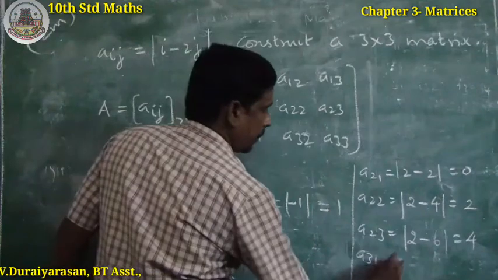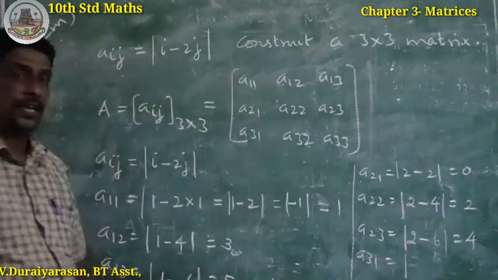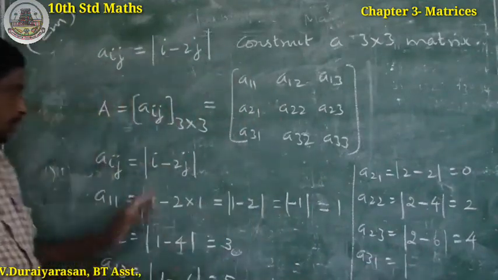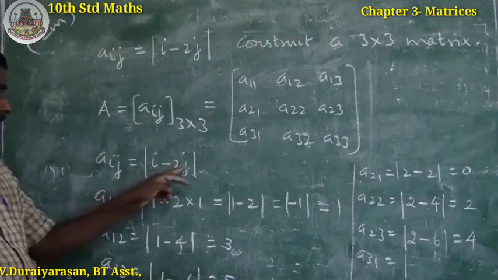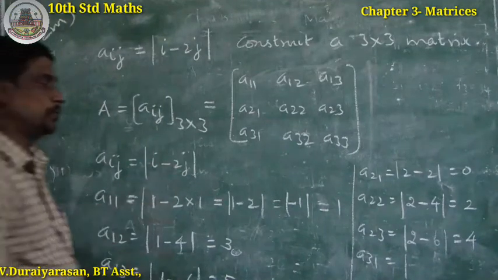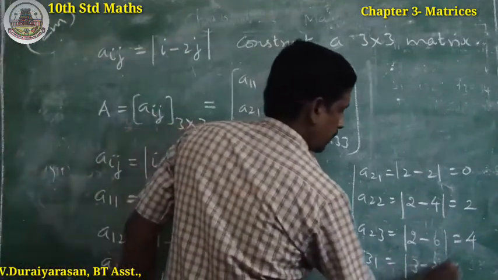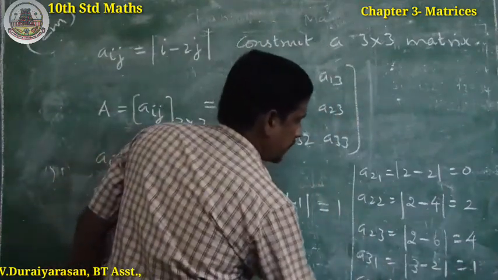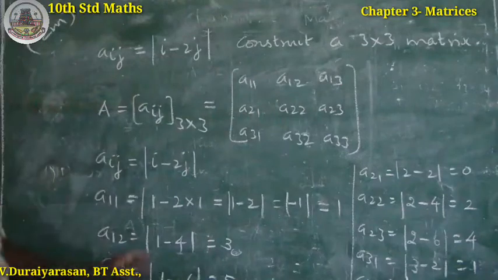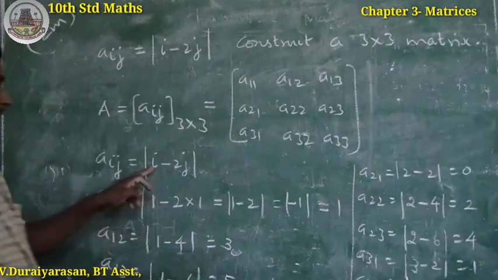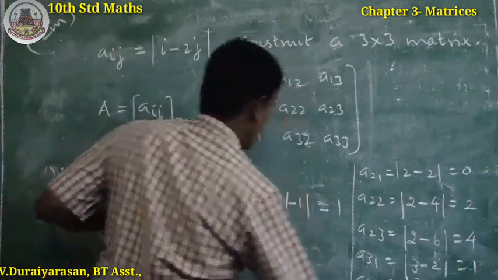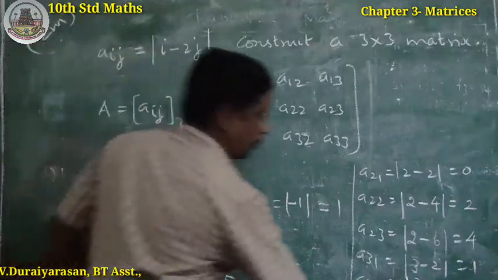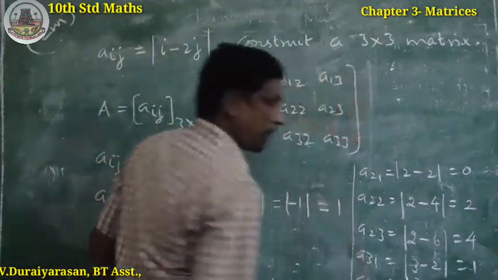Next, A31, modulus of i equal to 3, j equal to 1. So 3 minus 2 equal to 1. A32 is equal to modulus of 3 minus 2 into 2. i equal to 3, j equal to 2. 2 twos are 4. 3 minus 4 is minus 1.